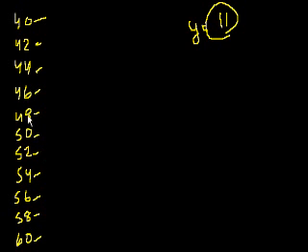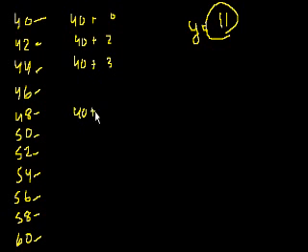There's a couple of ways we could think about it. You could view this as 40 plus 0, 40 plus 2, 40 plus 4, and so forth, all the way to 40 plus 8. And if you wanted to add up to this point, there's a pretty straightforward way of doing it.